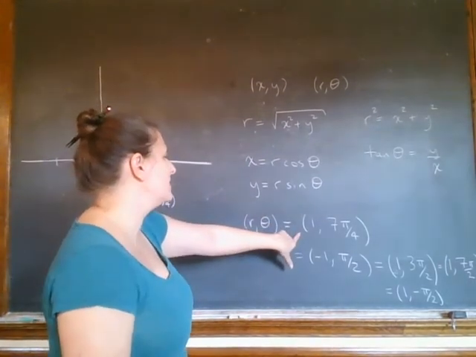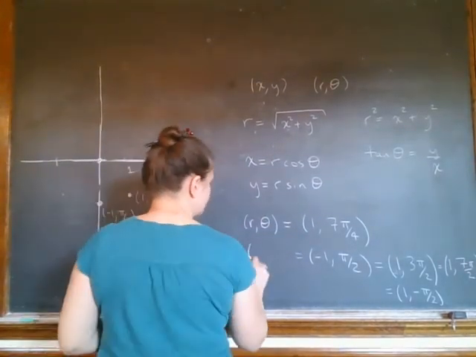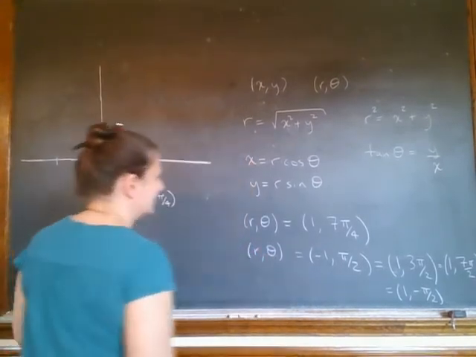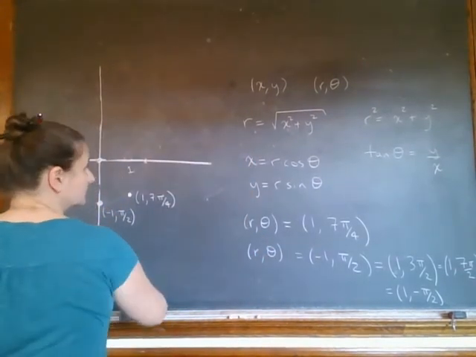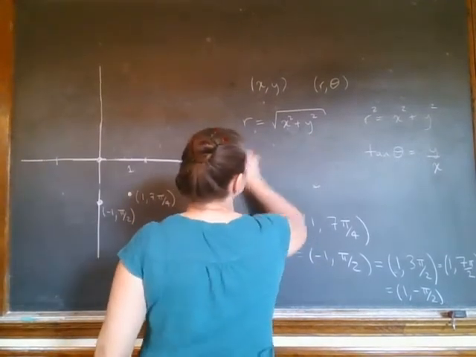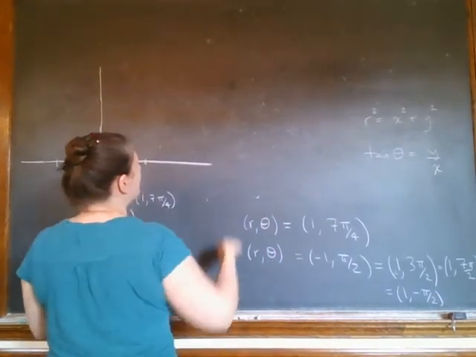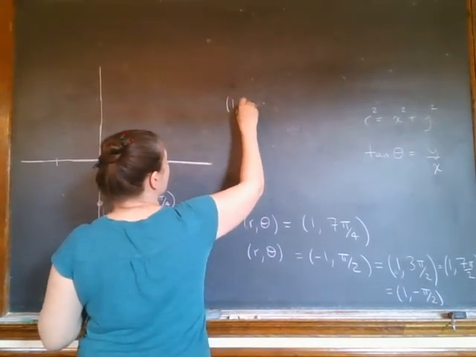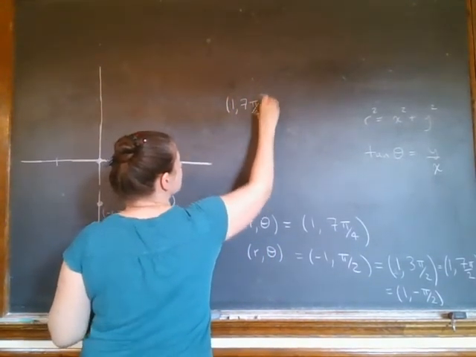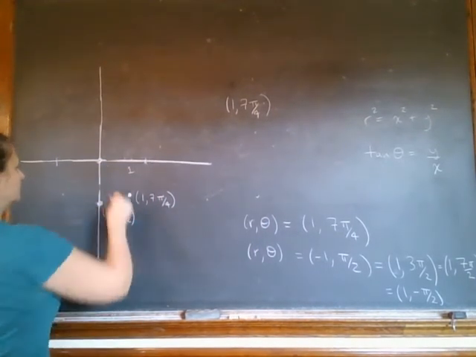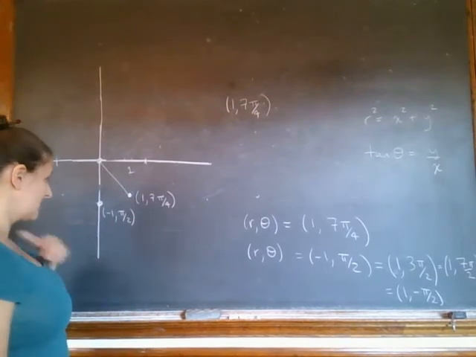I'm going to do the same thing with this one. Not the same, right? These 2 points are different points. Let me think about this point here. So I went this way 1 and all the way around, 7 pi over 4.